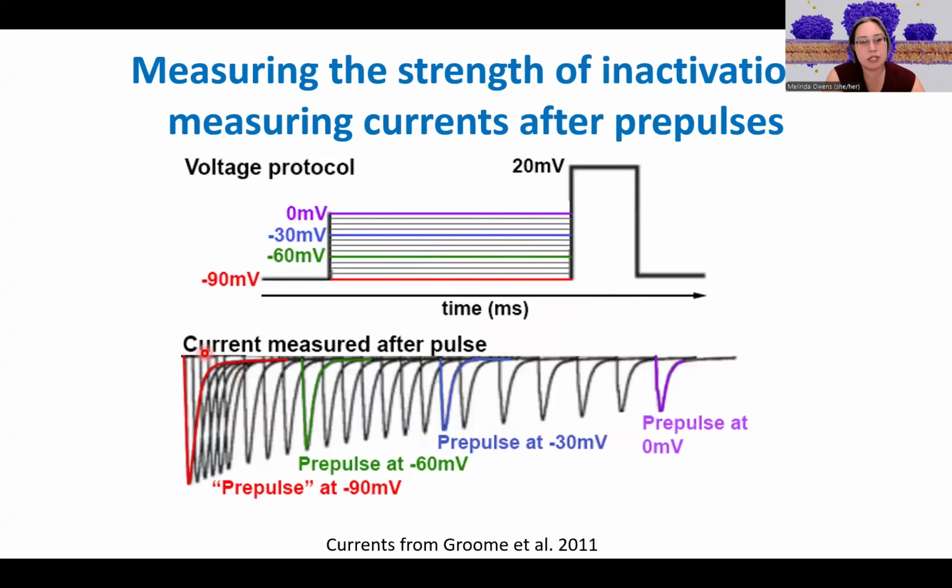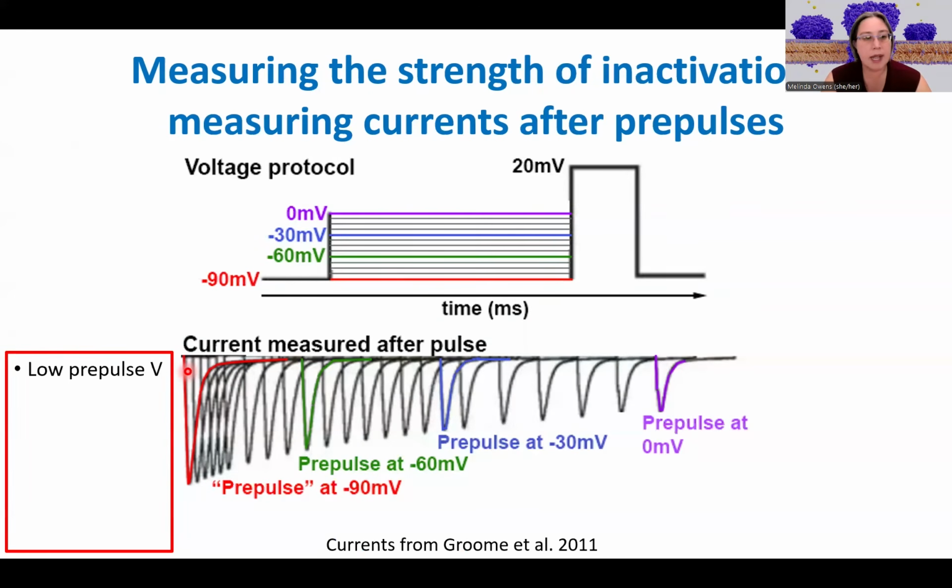And so now each current trace here is a different experiment where you had a different pre-pulse. And what's being shown is the current during the actual pulse. So what's going on here in the red? This is pre-pulsing at something like -90. At -90, as I mentioned before, all the channels should be in the resting state.